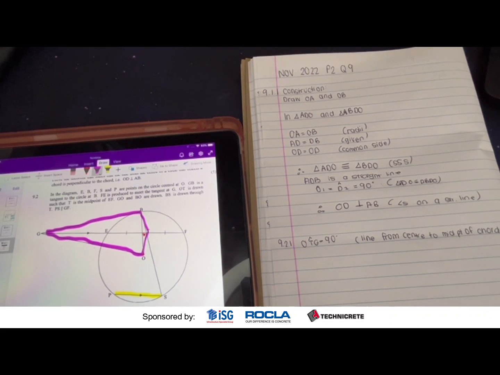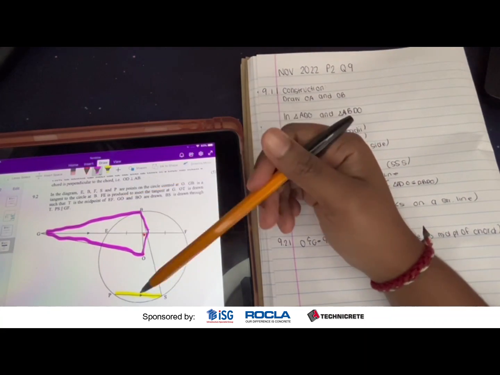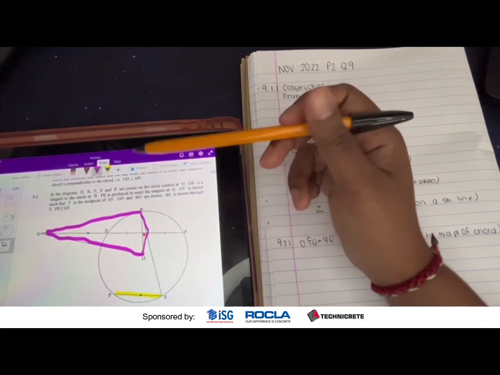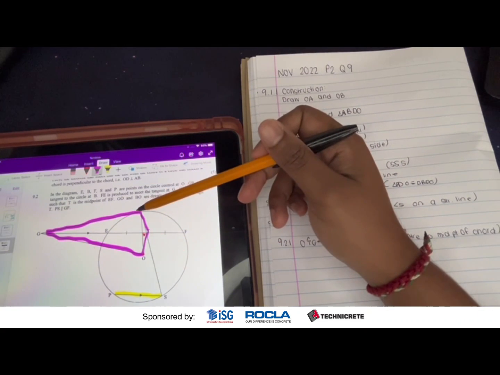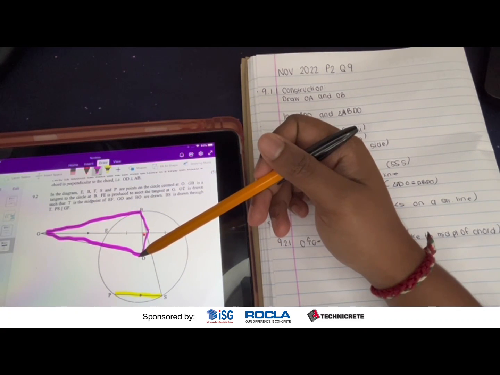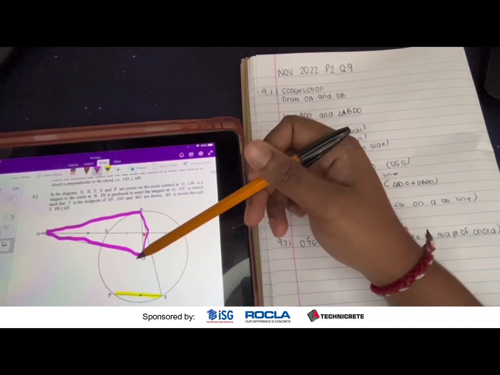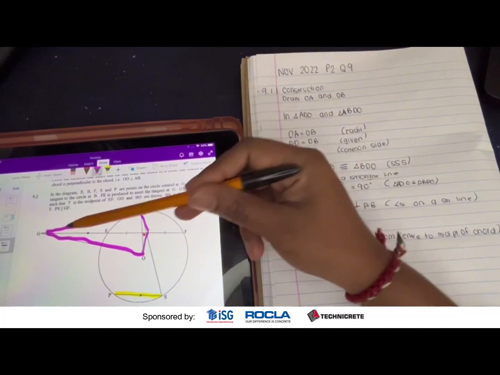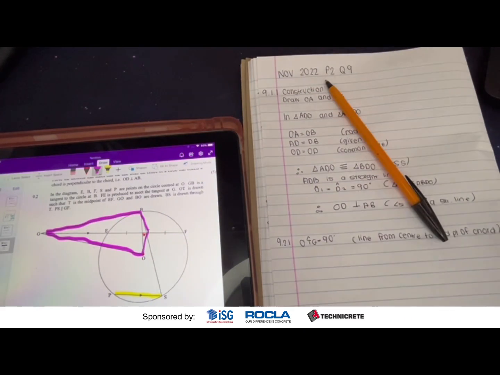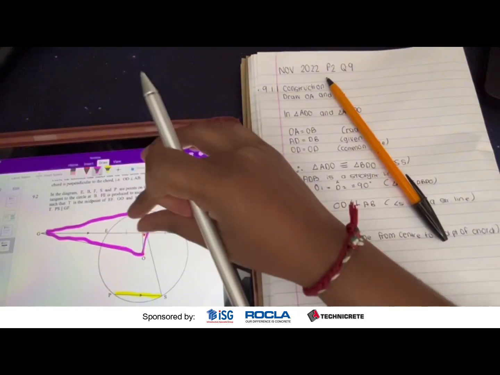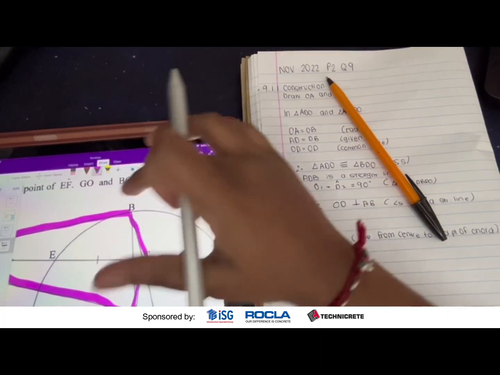What other 90 do we have here? We know another rule with the center. We know that tangent is perpendicular to the radius. We have the radius going to a tangent. So this angle here, they said BJ is a tangent.